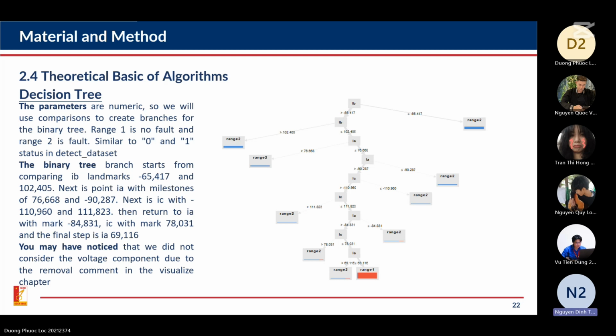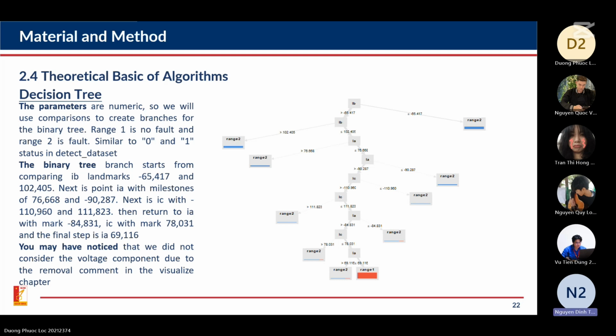Next is the current of phase with thresholds of 76.668 and minus 90.287.